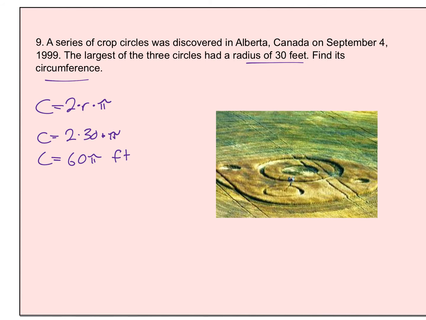That would be the exact answer in terms of pi. In this situation, we would want a rounded answer to get an idea of how big around the circle is. So that would be 188.5 feet. It's about 188.5 feet around that circle.